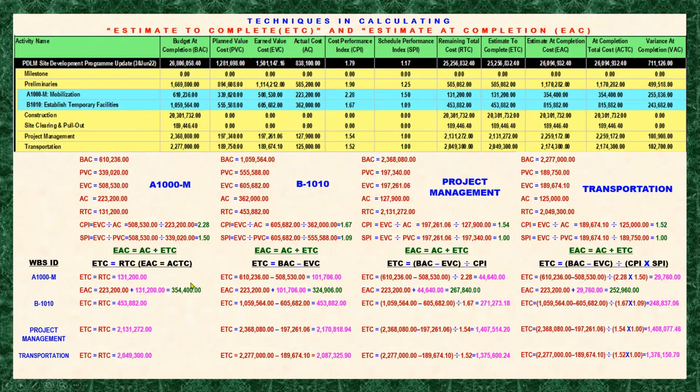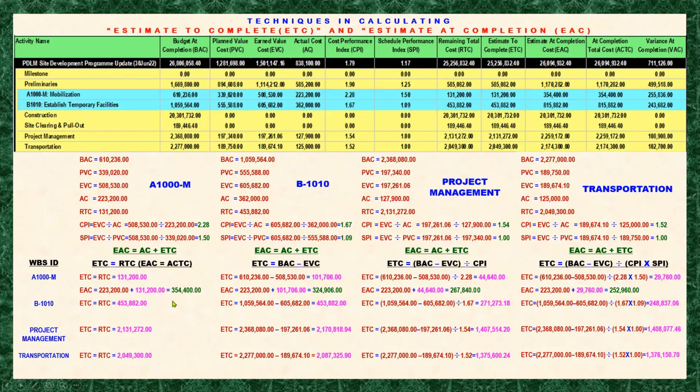So if you look at the value of the estimate at completion, take note that estimate at completion is our projection of how much we have to spend to complete the project. Meaning when we fully complete the project, this is our projection of what it will really cost in total.